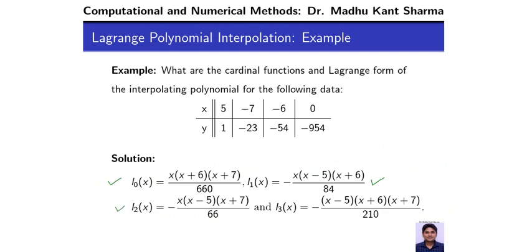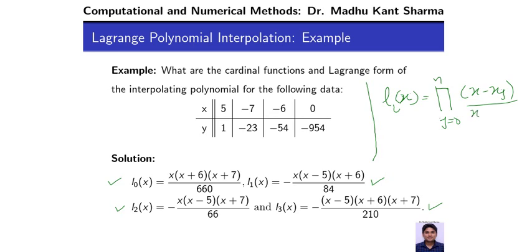Similarly, L2 and L3. If I wish to give you a hint, recall that the cardinal function is Li of x equals the product of x minus xj, j equals 0 to n, divided by xi minus xj, with j not equal to i.